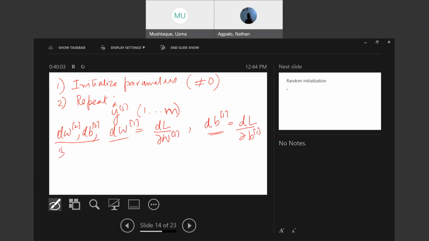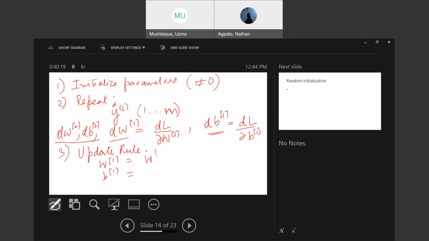And then eventually the third step is the update rule, which is for each of the weights. Let me just write it for W1 and B1 only, and then you know how to do that for the second set of weights.